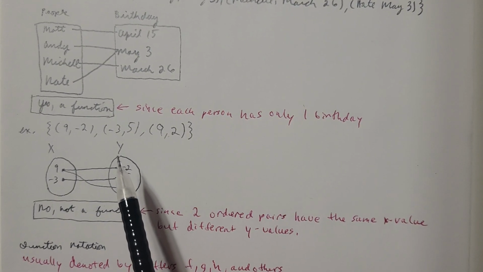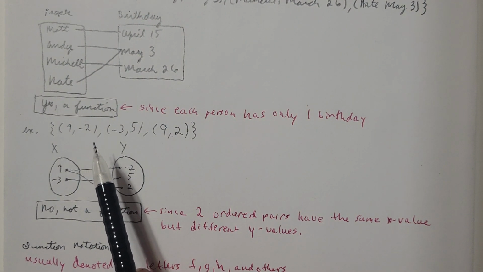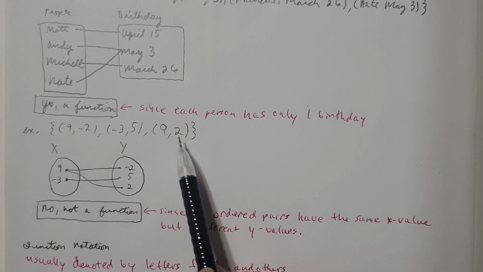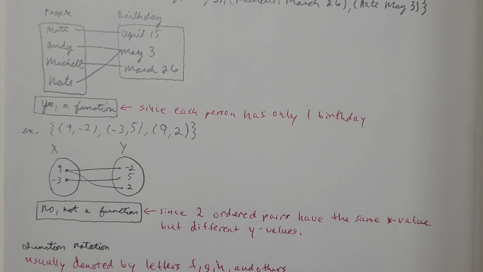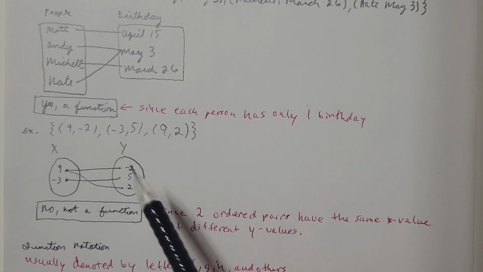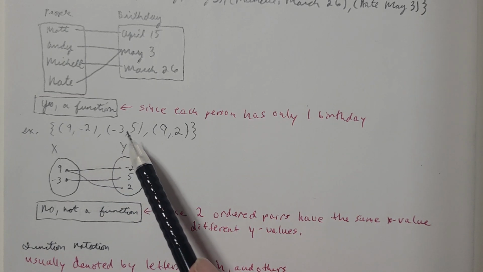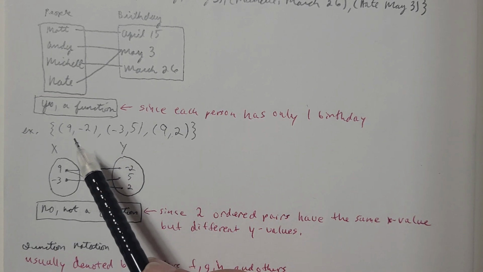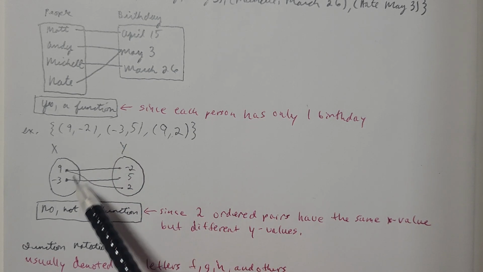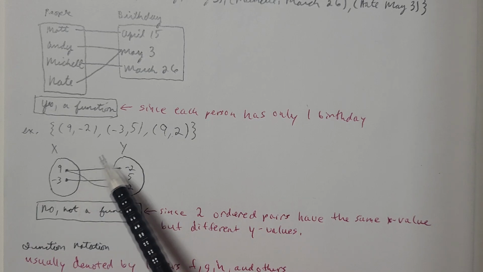Here'd be another example. So what if I had this set of points? I'm using set notation there. We're going to do lots of things with set notation coming up. I got things in x and things in y. The things in x would be the numbers in the x coordinate positions there. So I got 9, -3, 9 again.